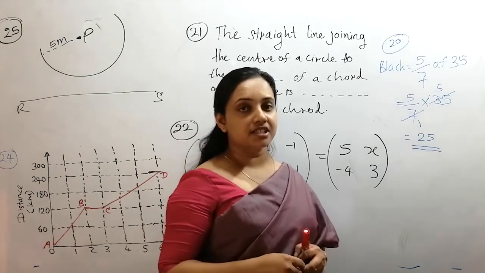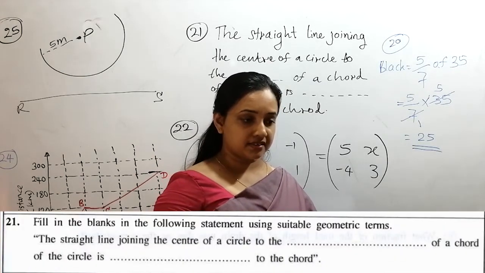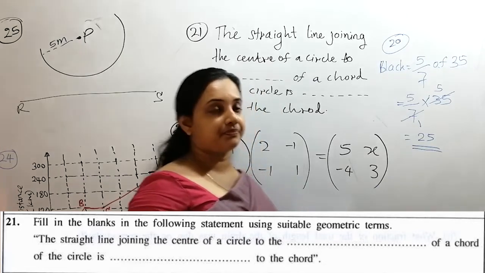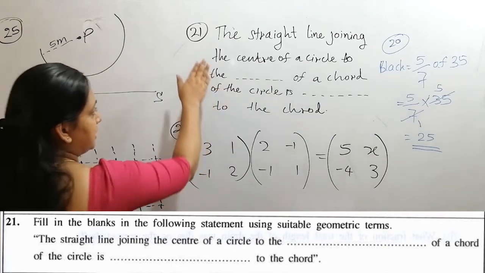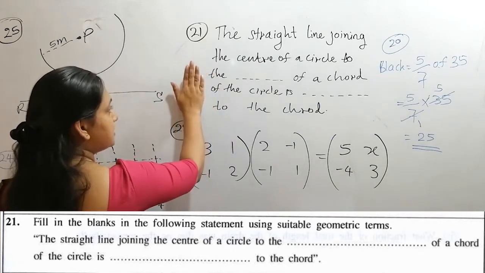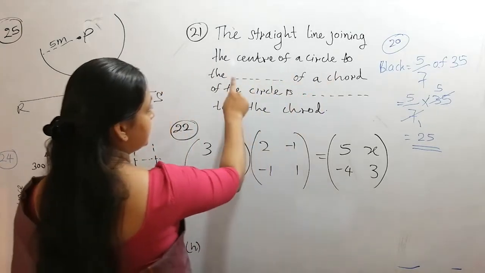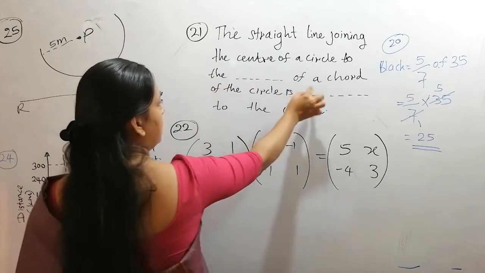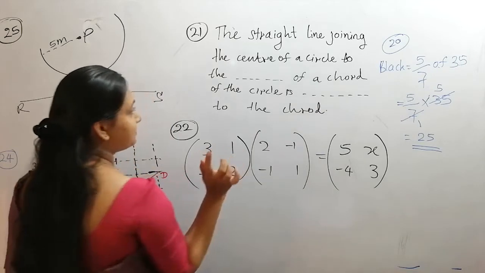Then look at the question number 21. Fill in the blanks in the following statement using suitable geometric terms. In question number 21, this statement is given: the straight line joining the center of a circle to the something of a chord of the circle is something to the chord.